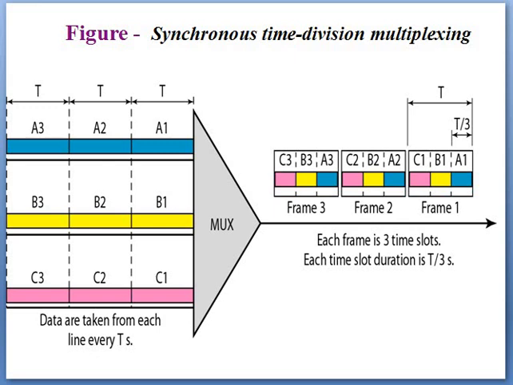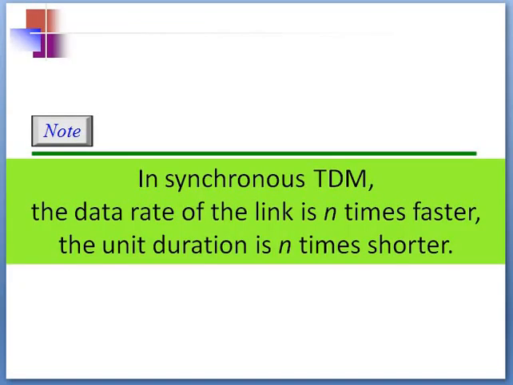In a system with n input lines, each frame has n slots, with each slot allocated to carrying data from a specific input line. In this way, in synchronous TDM, the data rate of the link is n times faster and the unit duration is n times shorter.